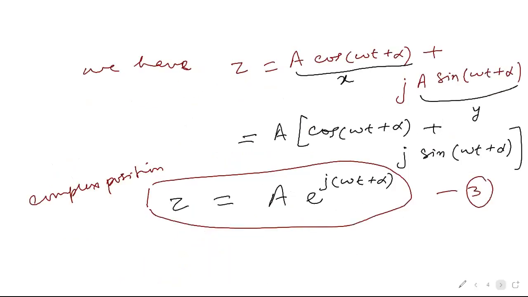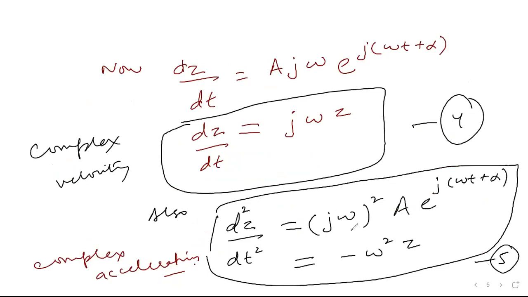Remember, in the last lecture, we said that if we multiply a complex number by j, the new vector will be rotated by pi by 2 radians in the counterclockwise sense with respect to the previous vector. See, it is z. dz by dt is j times z.